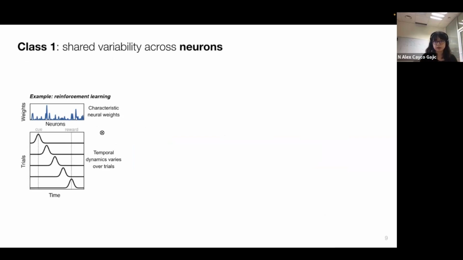So the first one, which we call the covariability across neurons, is capturing some kind of characteristic neural weights with temporal dynamics that can change in an arbitrary way from trial to trial. So this is the typical type of component that you get when you apply PCA in the normal way that we usually do.